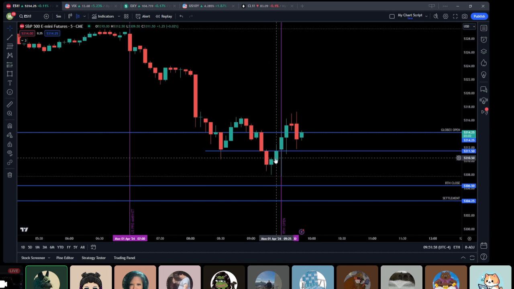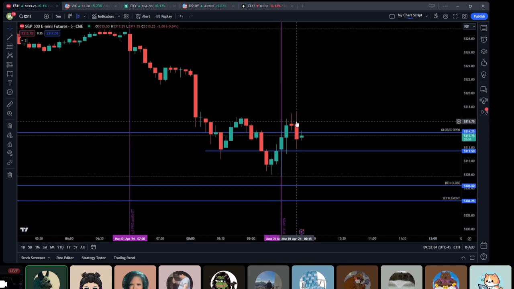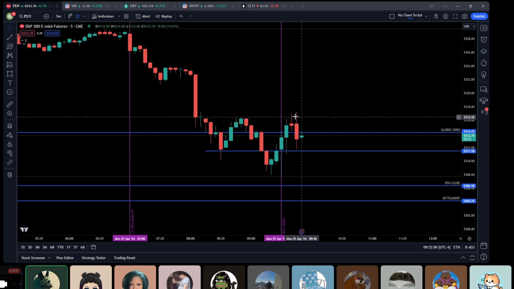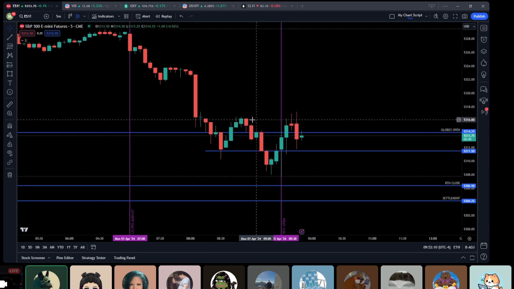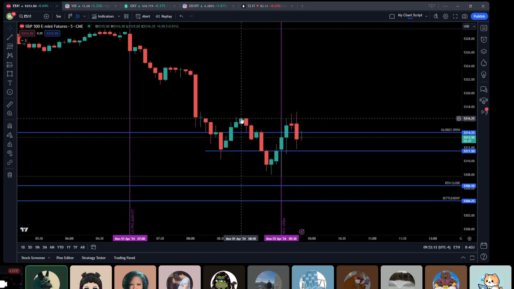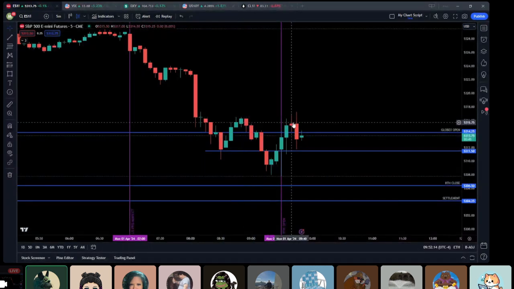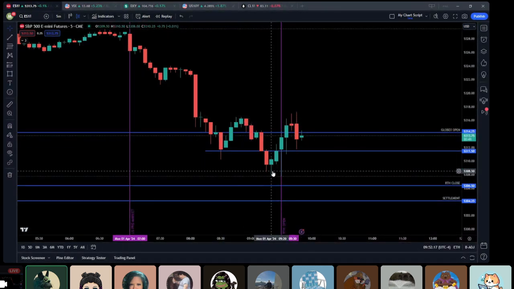This was not a strong look and fail below. It was a little bit of a dip, and then it came right back up. Made a new swing high. Right here are wicks above the previous swing high. It made a higher high, but it also made a lower low.